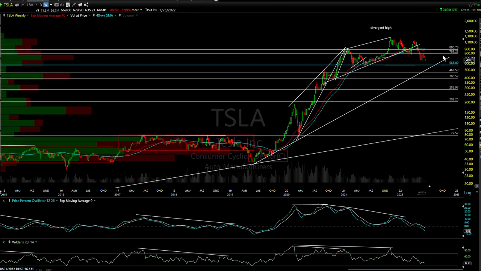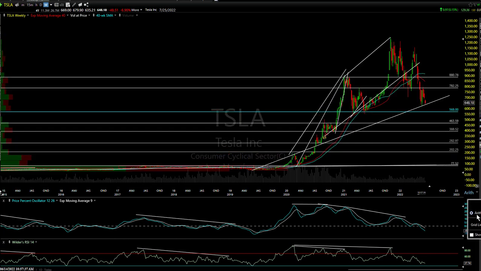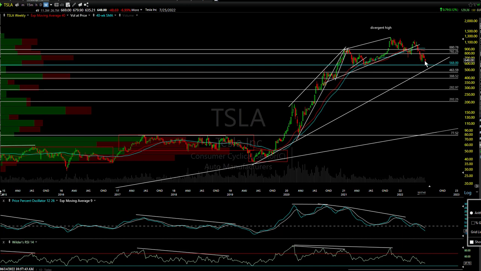This is a log scaling chart. If you're saying, well, Randy, how's this 50%? Because I use log scaling. If you don't use log scaling on a stock like Tesla that's had this kind of performance, this is what the chart looks like. You can't trade that. You can't even see what the prices were back here. Log scaling puts the candlesticks equally in percentage moves, because when you go from 20 to 40 on a stock, you've doubled.